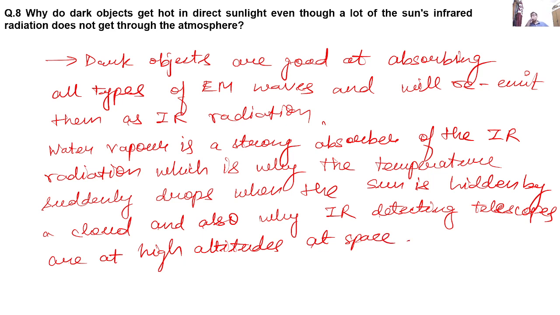We cannot keep it on the ground because it will actually capture the re-emitted infrared radiation from the surface or from the dark surface. So that is why these sensors are kept much higher in the space.